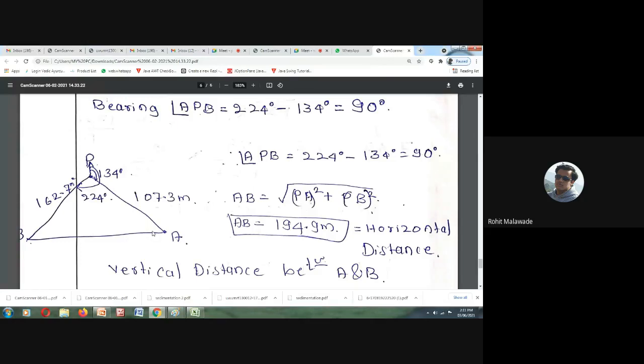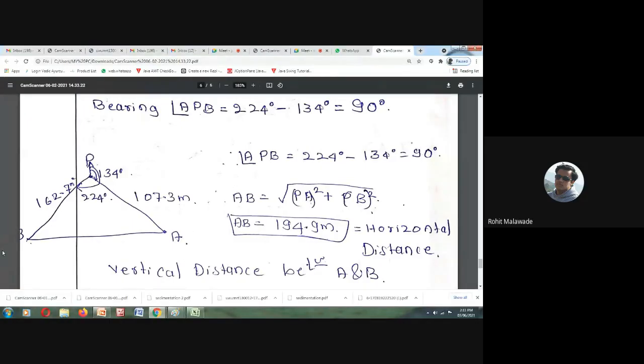I need to find it out. So how can I measure the distance? I can measure the distance between PA and PB by using the Pythagoras theorem. I need to determine this diagonal.